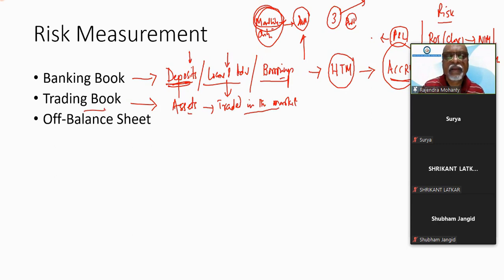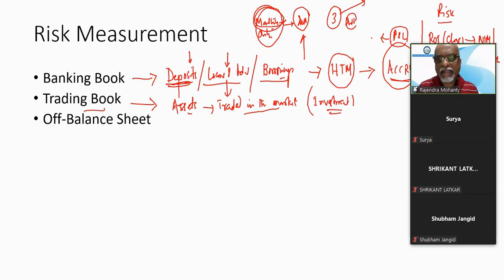They are in the trading book. So we can say this is for the investment portfolio. The entire investment portfolio is to be recorded in the trading book.